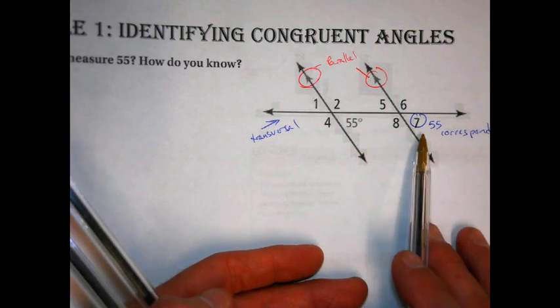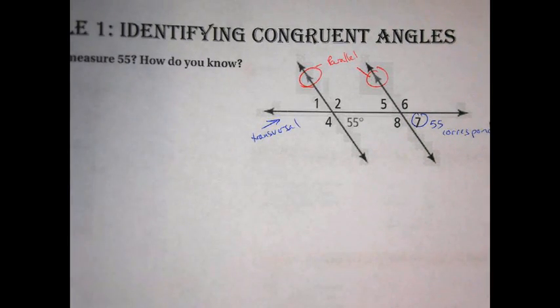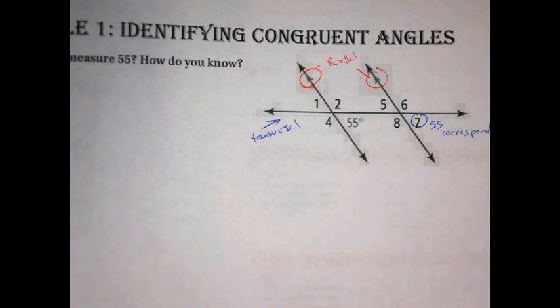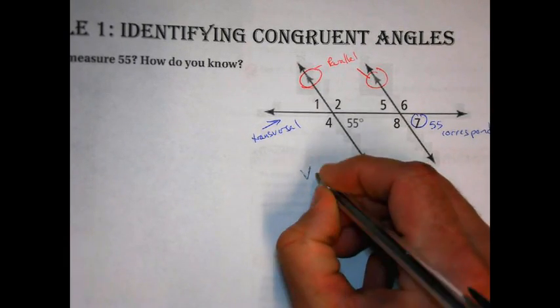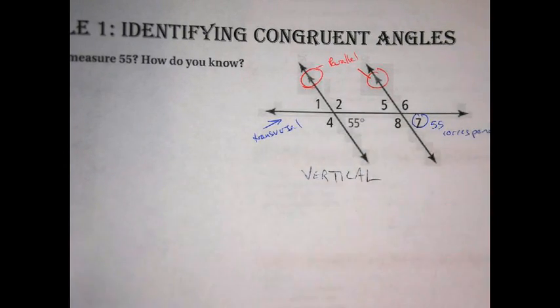But now, what else? Is there anything else that might be 55? What else do we remember from days past? If we know angle 7 is 55, what else do we know? Hopefully you're looking for a little blast from the past: what about vertical angles?